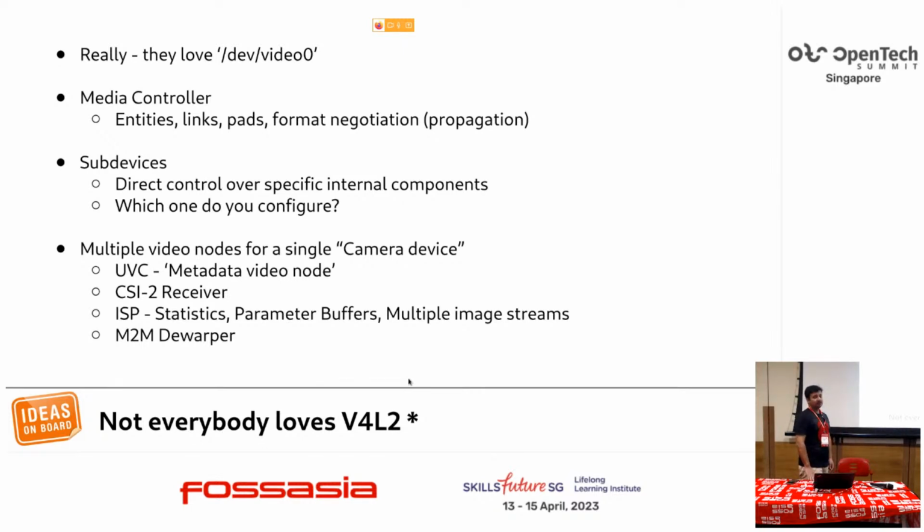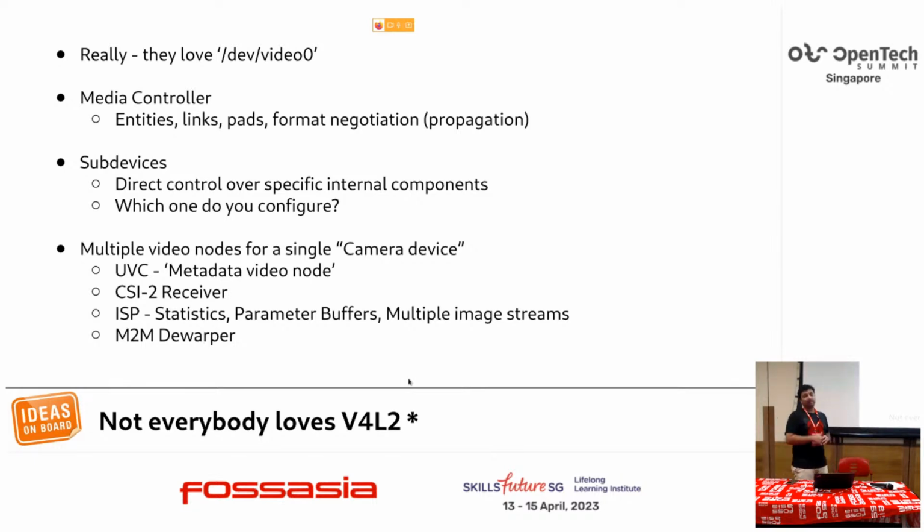Sub devices, as I said, like there is an ISP on the system on chip. There are multiple devices that need to be configured. So the application developer might have questions like which sub device should I configure first, or is this the right way to do it, or what is the format that needs to be configured for the entire media bus.